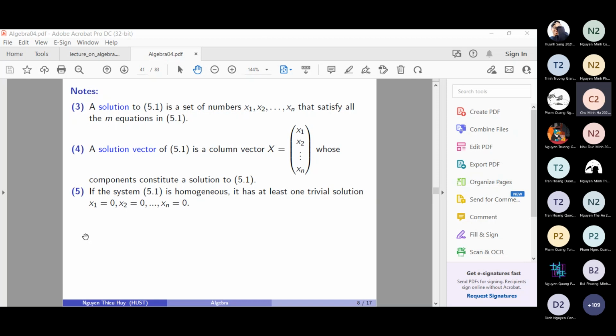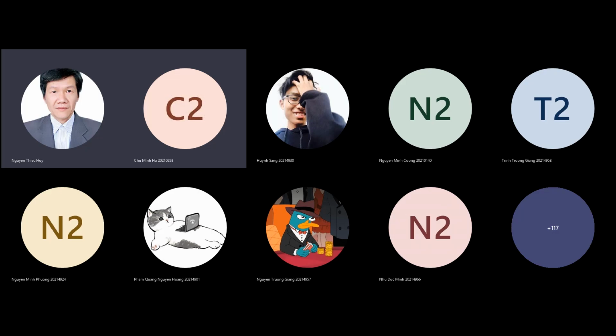And next, now we want to write the system 5.1 in matrix form, so that we can apply the operations that we had before to the case of a system of linear equations. So with this purpose, let me return to the whiteboard to show you.